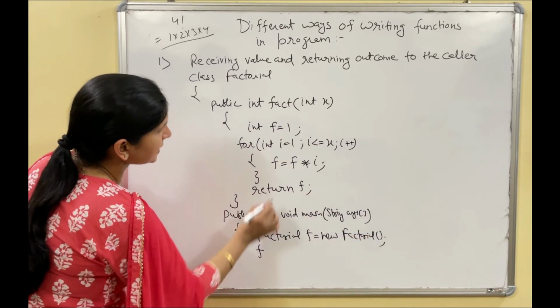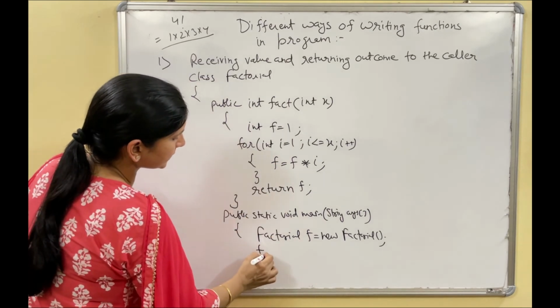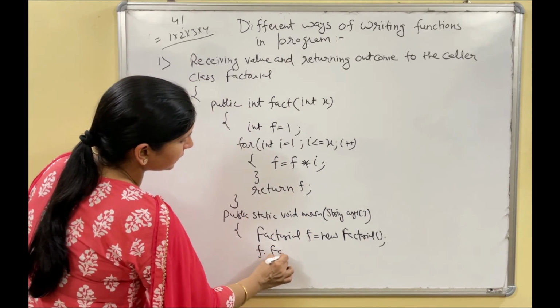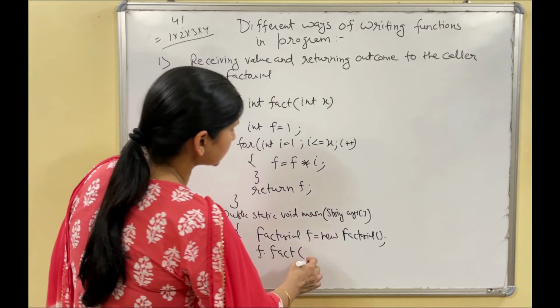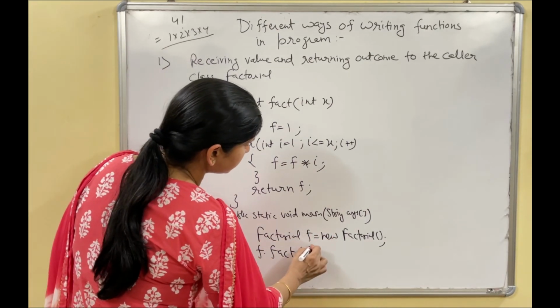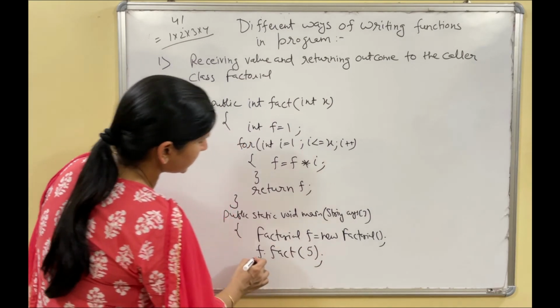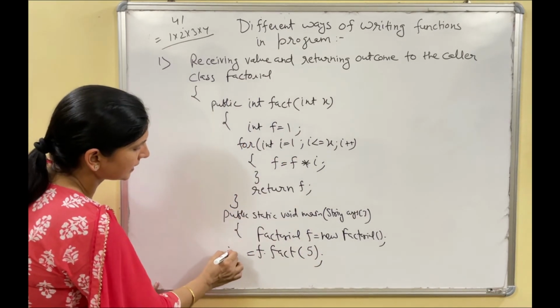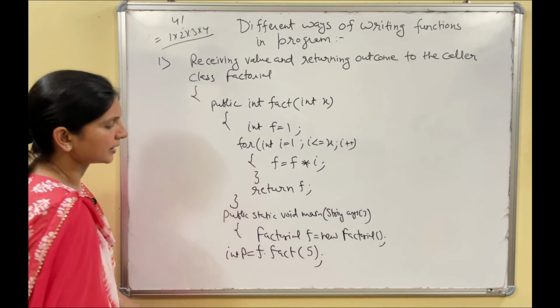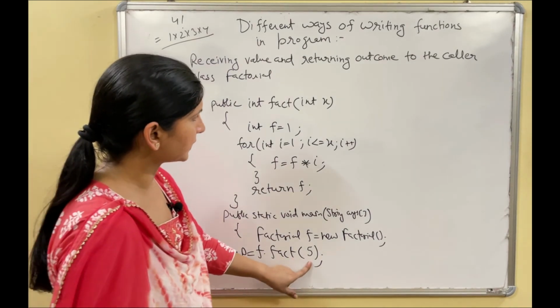Then we will invoke this method, f dot fact. We will pass some value, let it be 5, and as it is returning some value, we will assign it in int p. Int p equals to f dot fact 5.